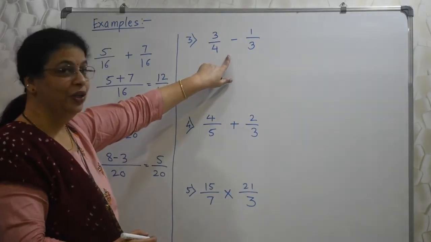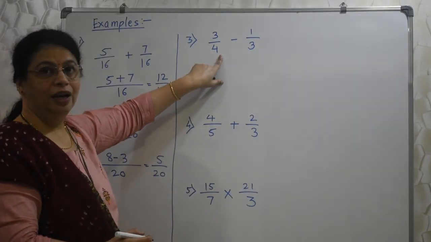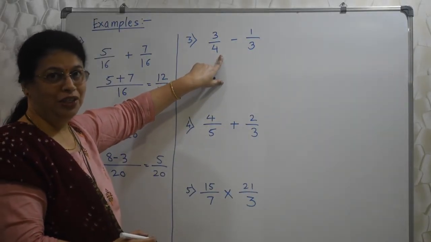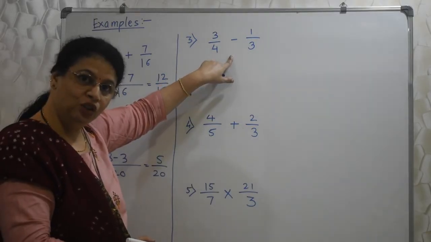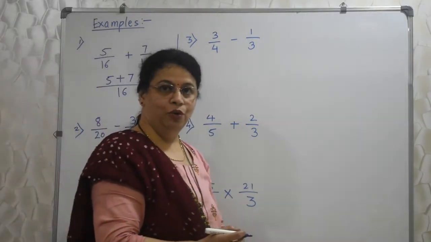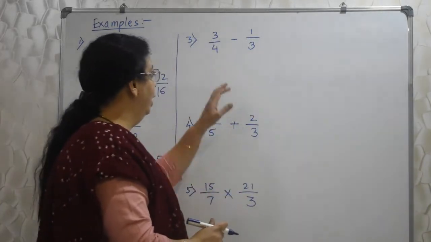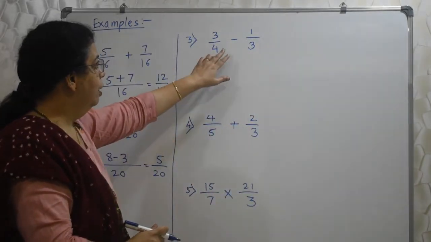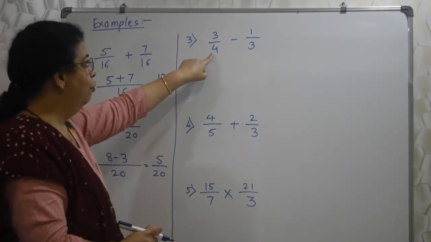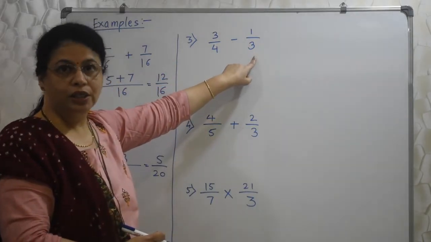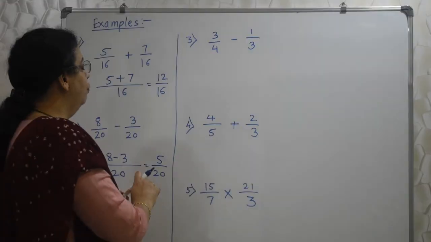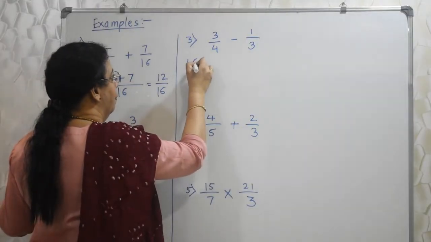Okay, now here there are no like fractions, they are unlike fractions, but nothing to worry about. We have our LCM method, isn't it? Okay, let us begin. 3 upon 4 minus 1 upon 3. Now 4 and 3 are not same. So we need to find out the LCM.